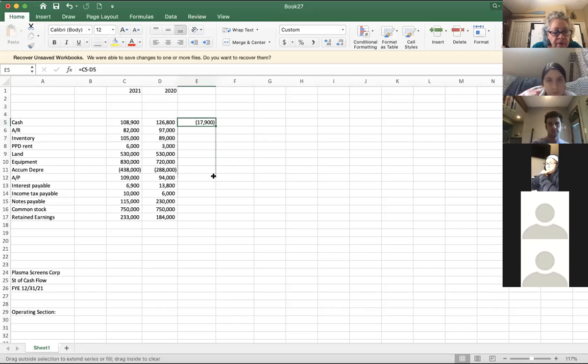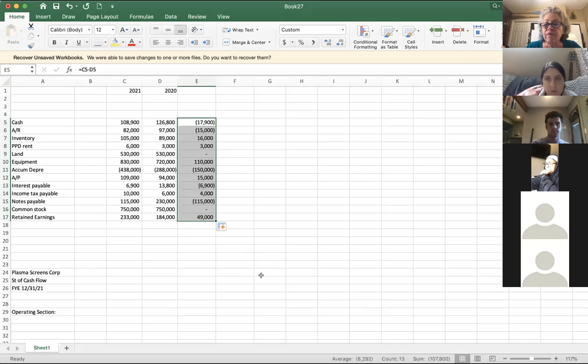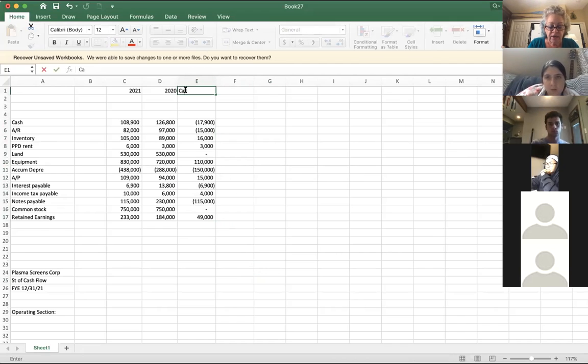And I'm going to copy this down. And I have got the change in every single one of my accounts. So this is my change during 2021.